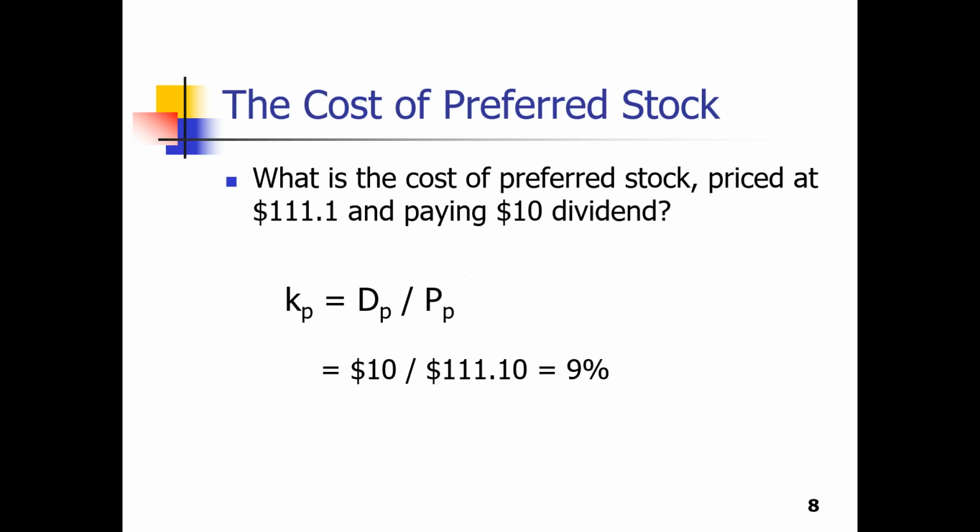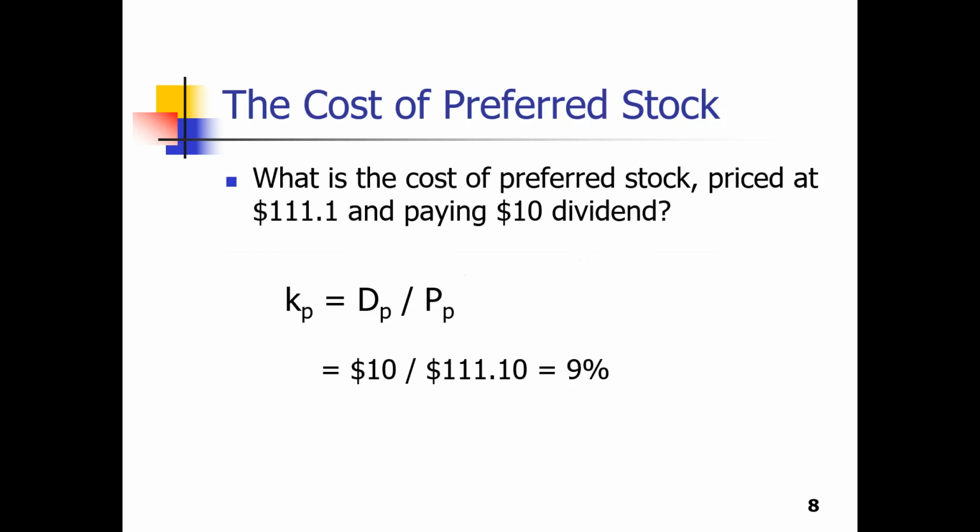Again, DP, or the interest that this preferred equity pays, is constant, is the same, doesn't change. But the price of preferred stocks changes as they trade every day in the marketplace. They usually are not as volatile as equity or common stock, because common stock allows us to take over a firm.